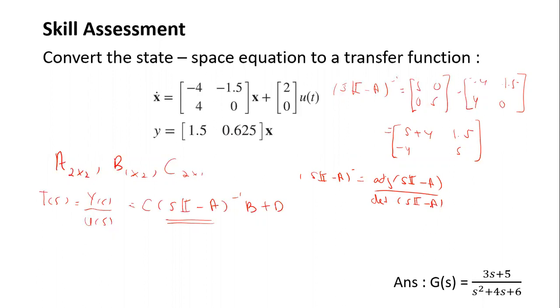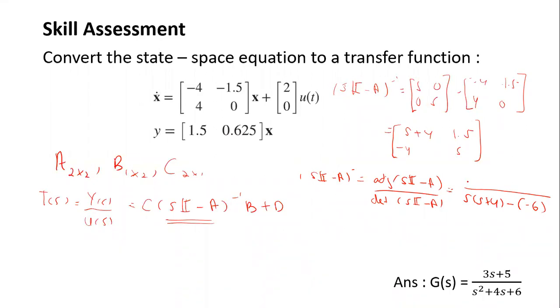The determinant is equal to S times (S plus 4) minus 1.5 times 4, which is 6, so minus 6. Then you have to find the adjacent of SI minus A.